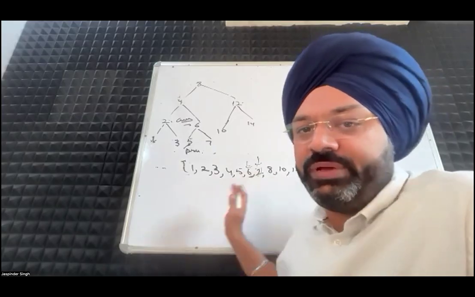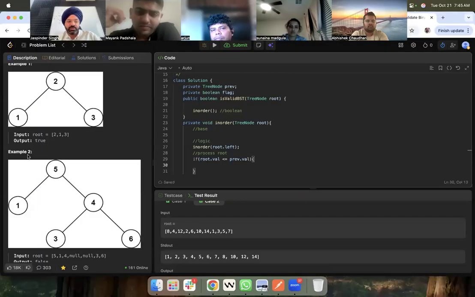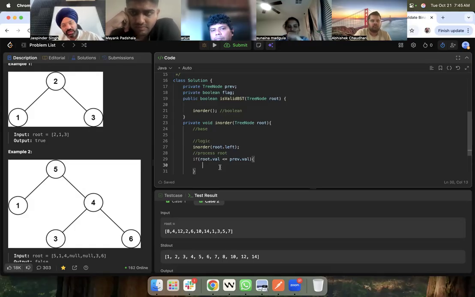Return false. This is not a valid BST. That is what we are trying over here. If my root dot value is lesser than or equal to previous dot value, root is current. If current value is lesser than or equal to previous dot value, all right, at that scenario, we have a breach of BST.